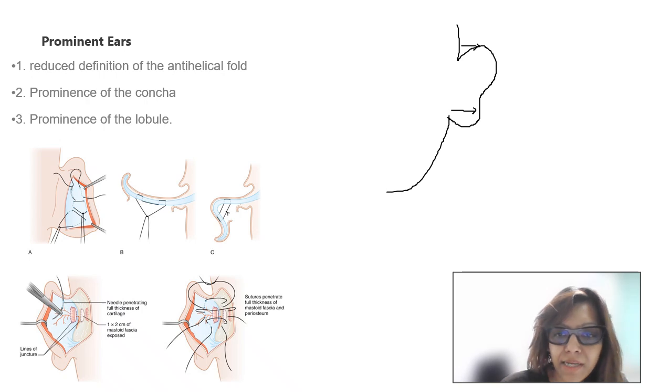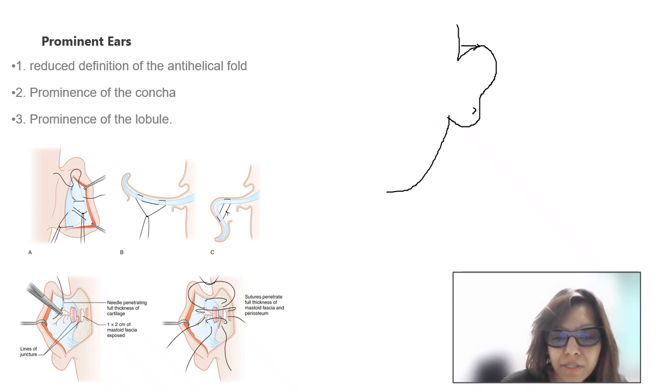To draw it in the exams, Mustarde made an incision posteriorly, and there was a horizontal mattress suture between the mastoid fascia and the posterior part of the concha, this cartilage, and this was tied up. That is all. That is the Mustarde suture. I will re-show it to you.